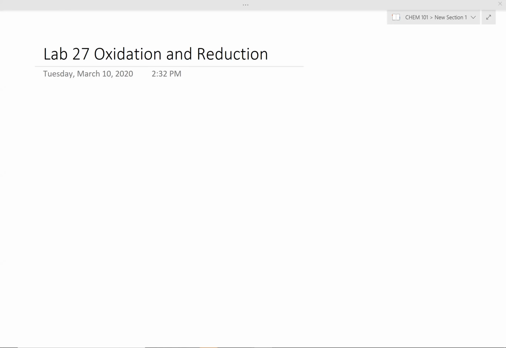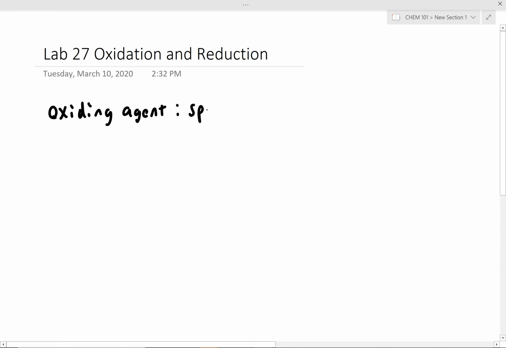So first and foremost, let's define the oxidizing and reducing agent. When we say something is an oxidizing agent, what exactly do we mean by that? An oxidizing agent is the species that gains electrons.